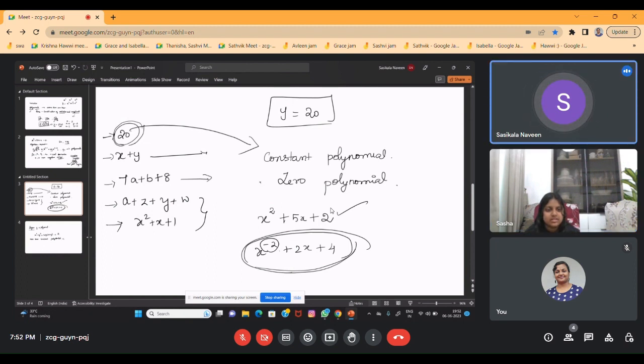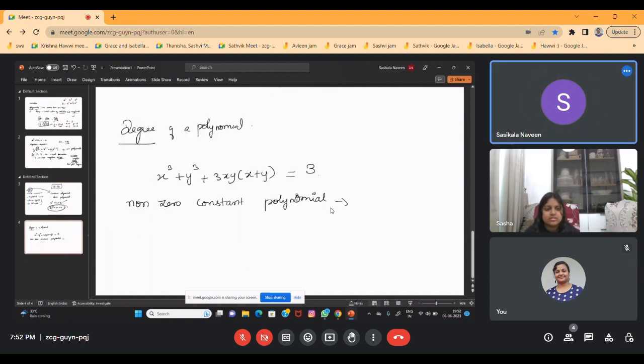It has no degree. So for any non-zero constant polynomial, degree is 0, right? Because it has no raised power. So it has no power. So the degree of the polynomial is 0.